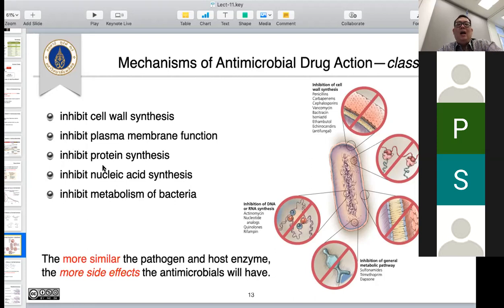I'll say, a drug that inhibits bacteria with the same structure or same pathway or same mechanism that the host also has might not be a good idea, okay?